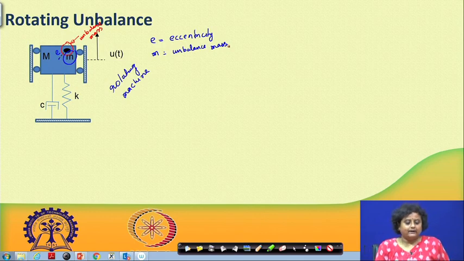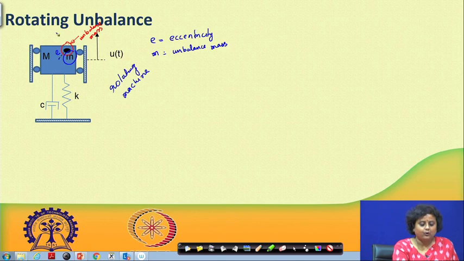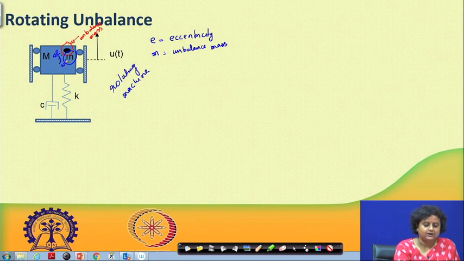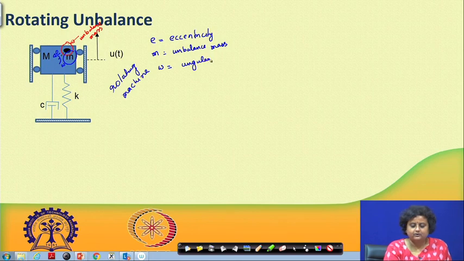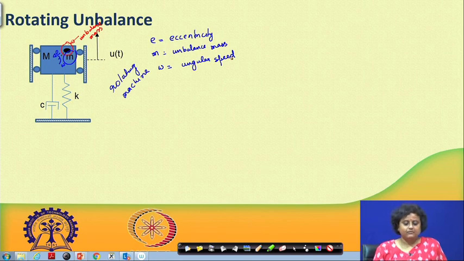Now, let us assume that this whole rotating device is rotating about an axis with an angular speed of omega. So, omega is the angular speed or the rotational speed of the machine.